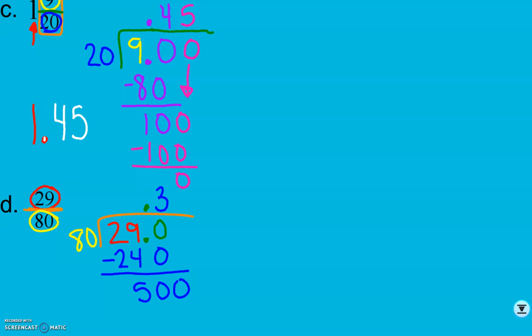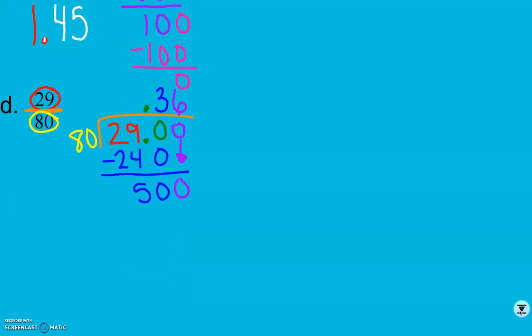50. But 80 doesn't go into 50. So I'm going to go ahead and bring down a 0. 80 into 500, we can think about in terms of 8 into 50, which is 6. 80 times 6 is 480.